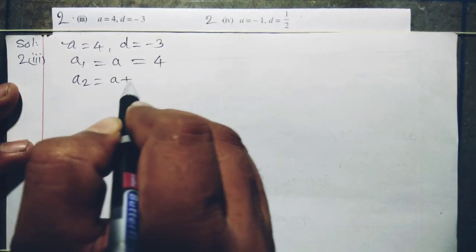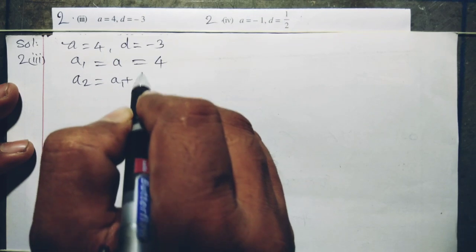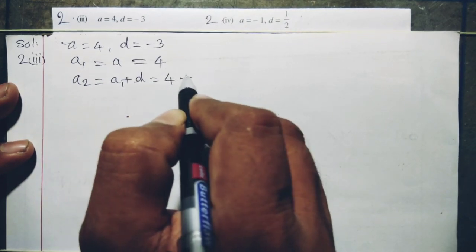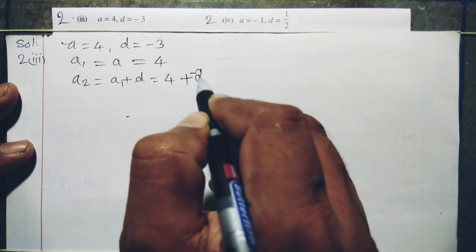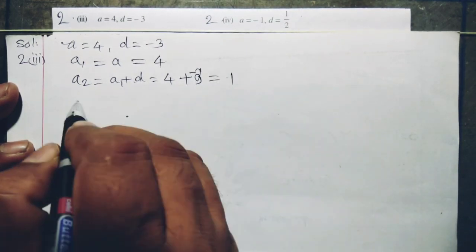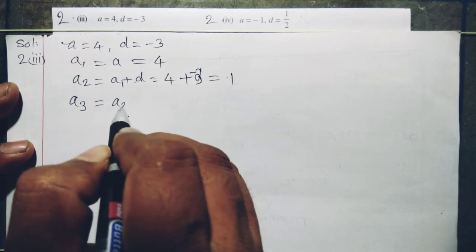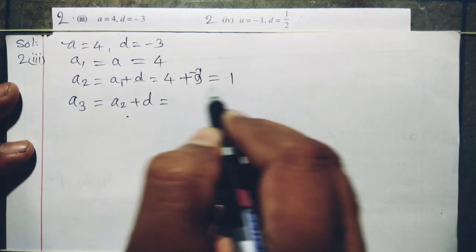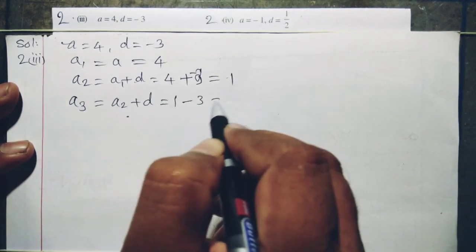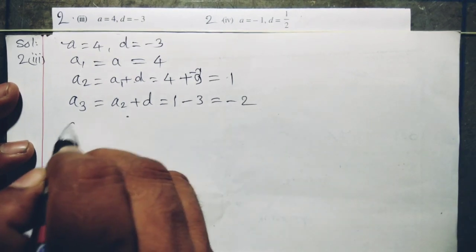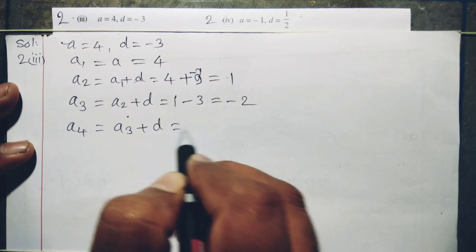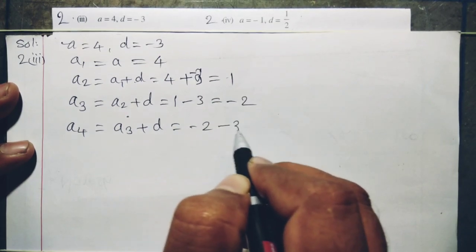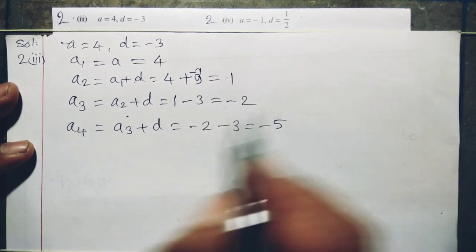A2 is equal to A1 plus D, 4 plus minus 3, that is equal to 1. A3 is equal to A2 plus D, that is equal to 1 minus 3, minus 2. A4 is equal to A3 plus D, minus 2 minus 3, minus 5.